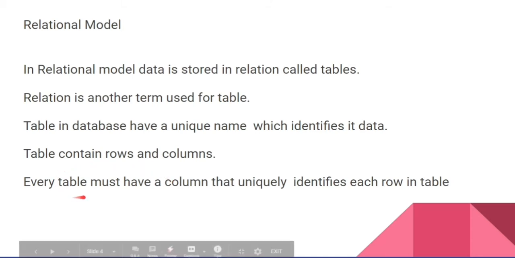Every table must have a column that uniquely identifies each row in the table. So data is spread in tables that have columns and specific rows. Data is present in those specific columns and rows, which gives better management and better division of data in the table.